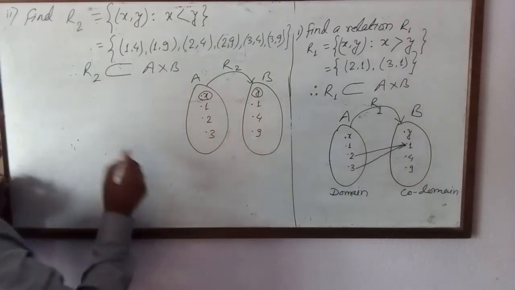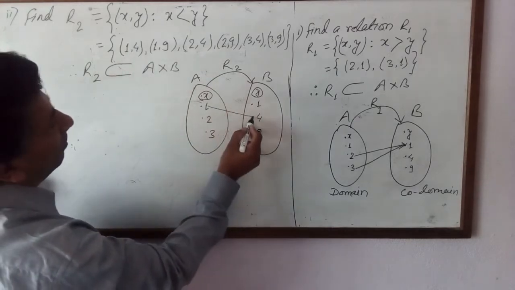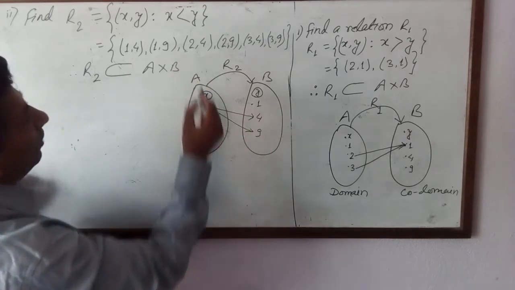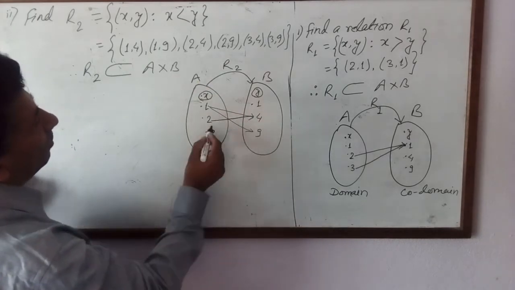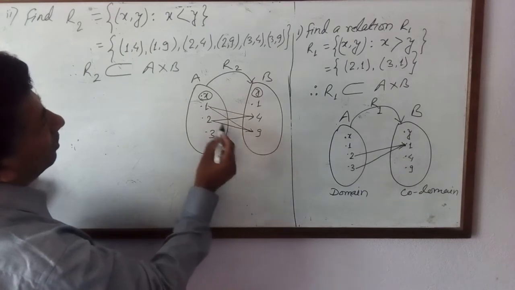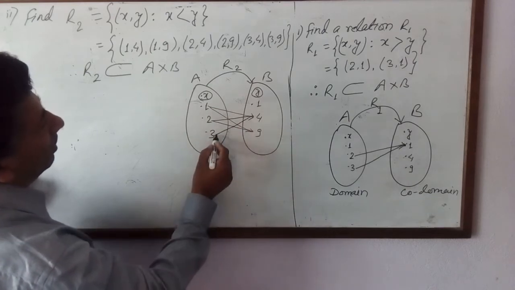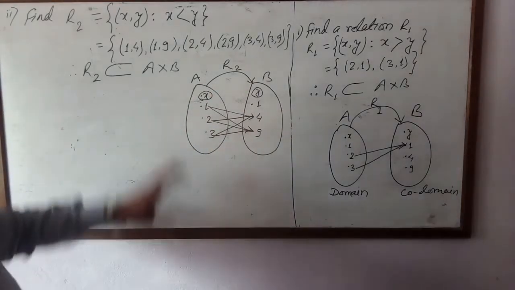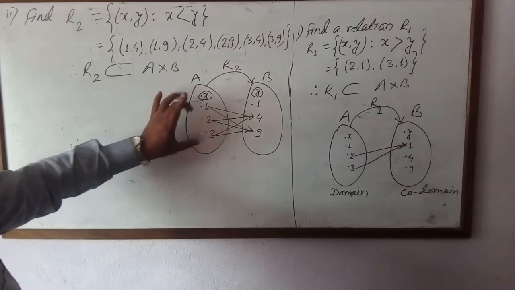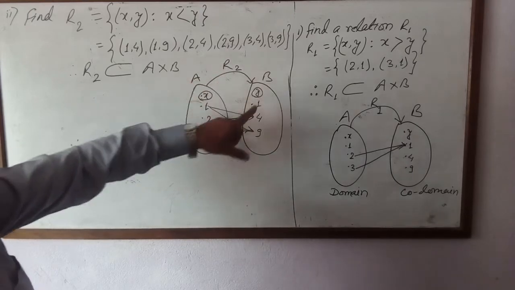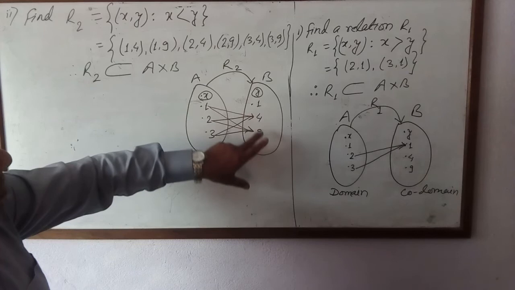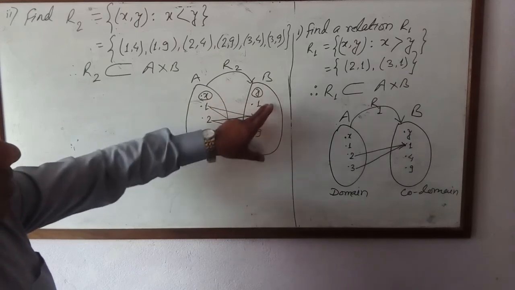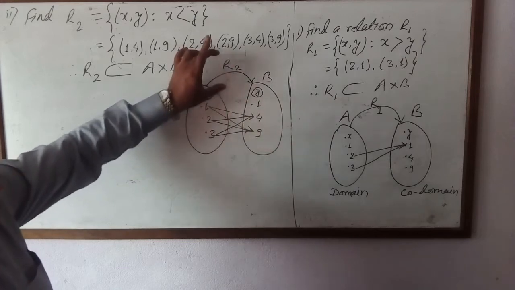Now in this relation 1 has image 4, 1 has image 9 also, 2 has image 4, 2 has image 9 also, 3 has image 4 and 3 has image 9. Now this is R2. In this R2, this 1, 2, 3 we can say is the domain of R2, and 4 and 9 the image of R2, and 1, 4, 9 we can also say is the codomain of R2.